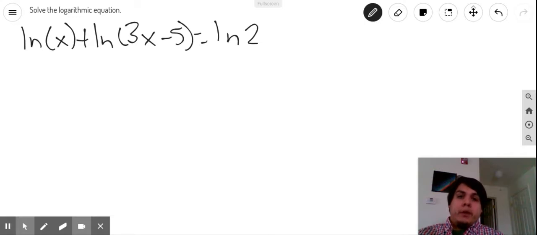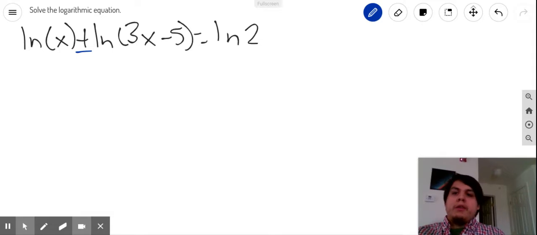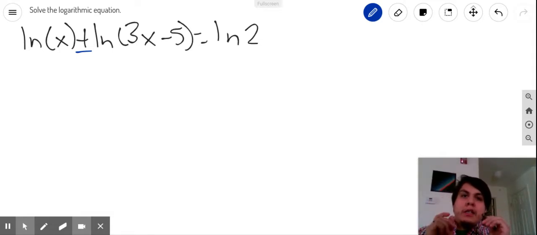So the way you want to think about this problem is you want to try to use your logarithm properties as much as you can. Right now I notice that I'm adding two natural logs. When I see an addition between logarithms, I can multiply the values inside the logarithms.